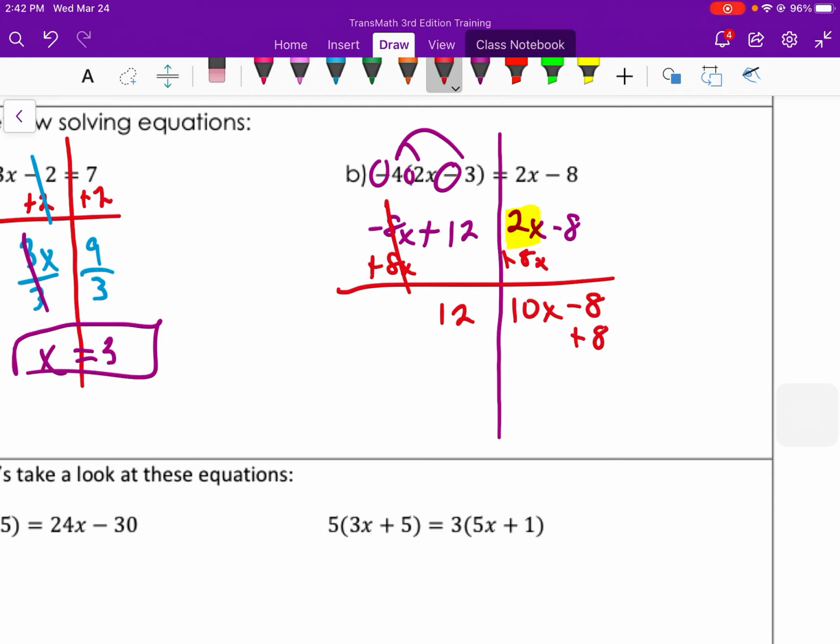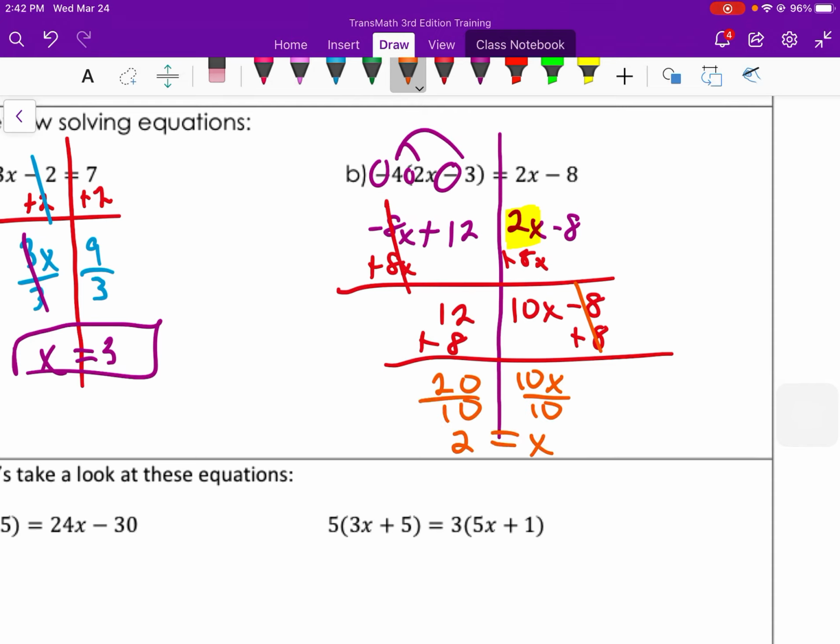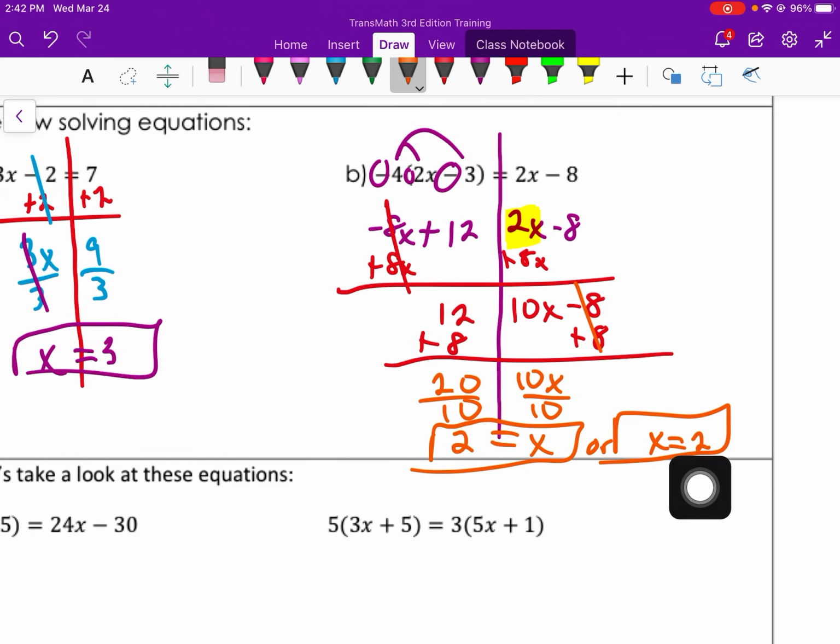Now I can add 8 to both sides, and then I see that it's 20 equals 10x. When I divide by 10, we get x equals just 2, or we can write it as x equals 2. These are the exact same. It depends on your preference for which way you might want to look at it.